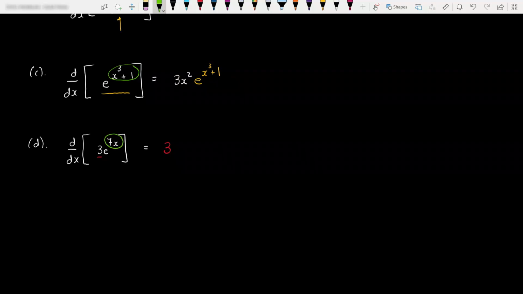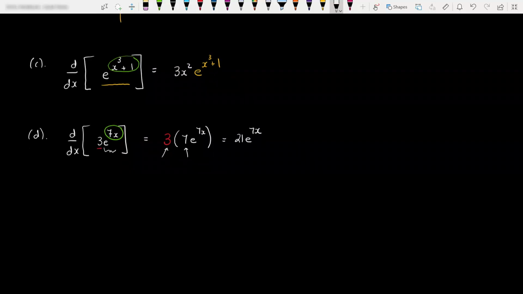If we differentiate 7x, we're just going to be left with 7. So I'm going to open a bracket, and we take that 7 and multiply it with the original e to the 7x function. So it's going to be 7 times e to the power of 7x. And then 3 times 7 is going to give us 21. So our final answer is 21e to the power of 7x.